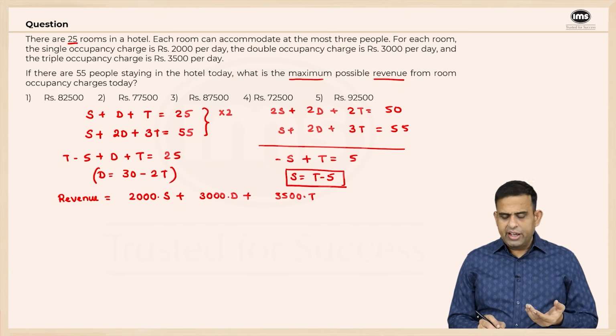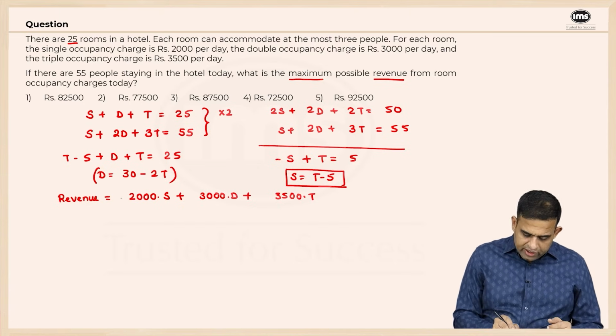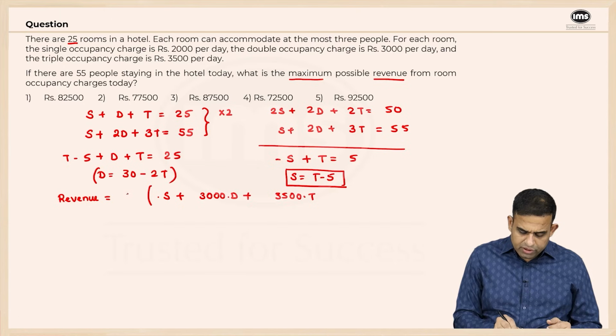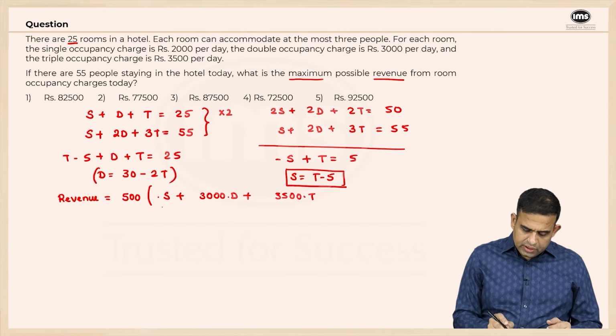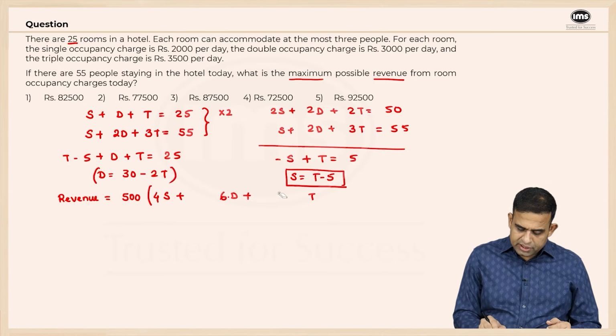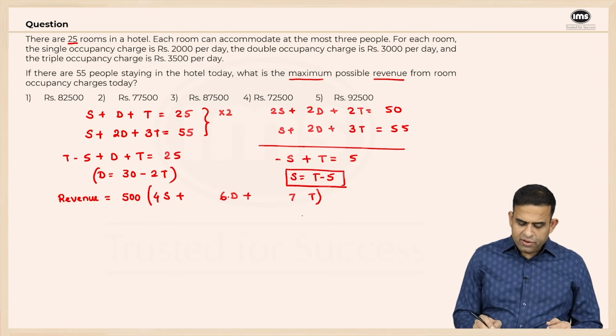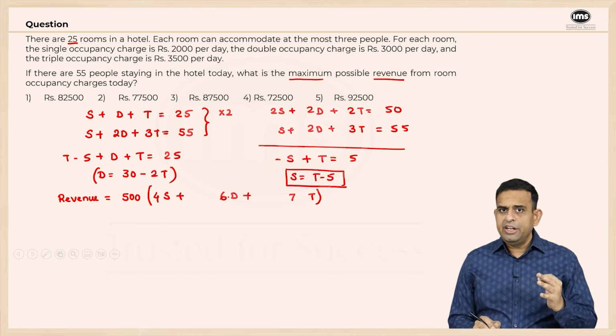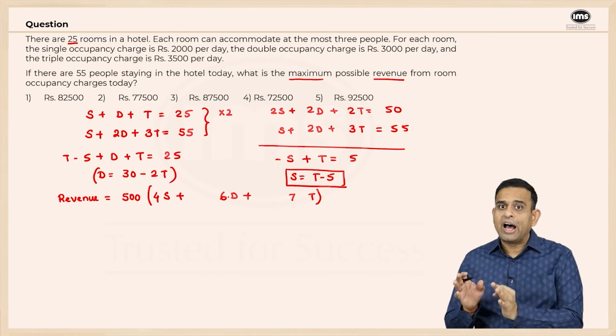Now suppose I take 500 common, this part will become 4S plus 6D plus 7T. And I will try to put S in terms of T and D in terms of T to get a proper idea.